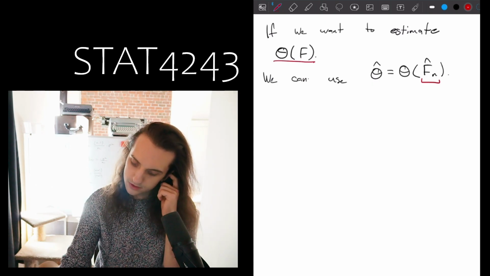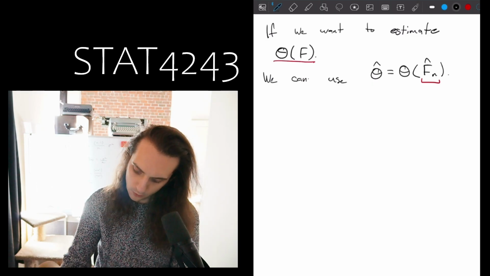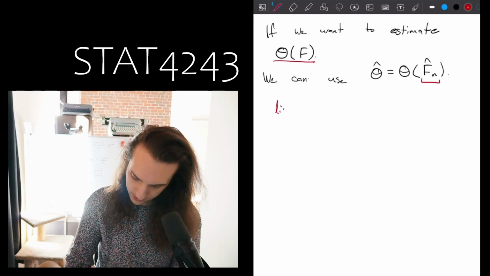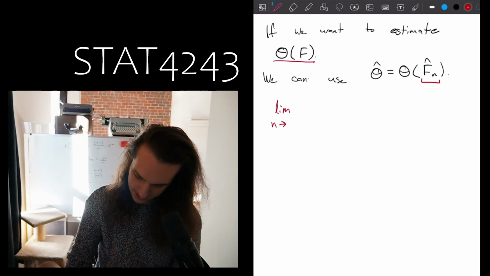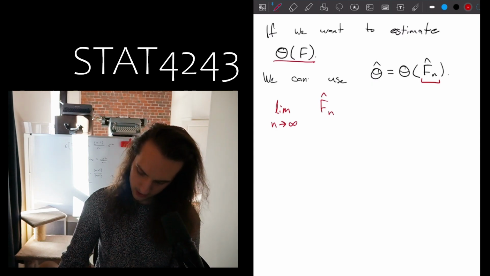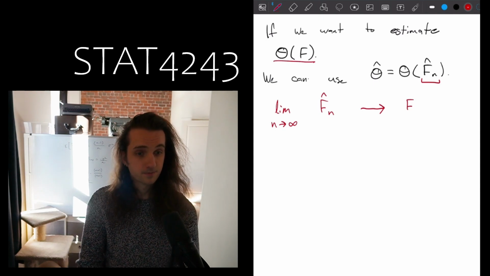right? And so what's the rationale here? Well, very informally, the idea is that if we take the limit as n goes to infinity of f hat n, then this is going to tend towards f, right?